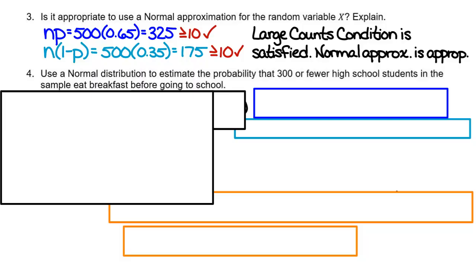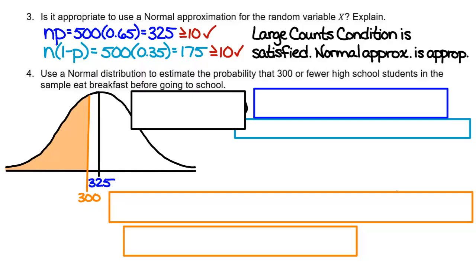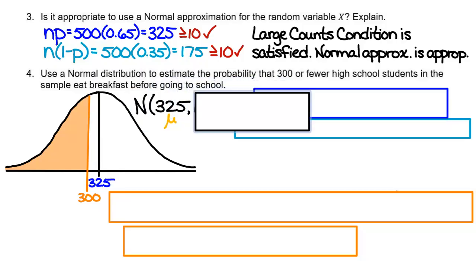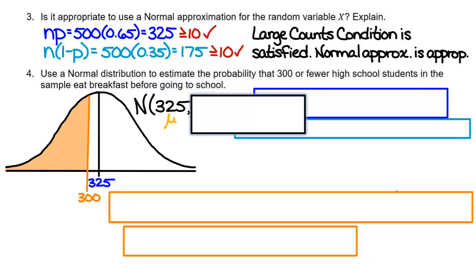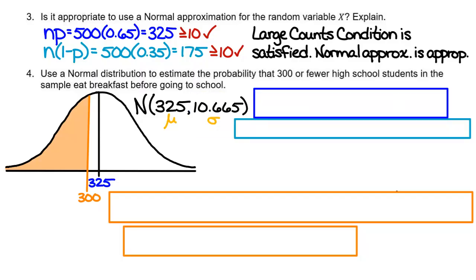Number 4, you need to have a picture. This would be the beginnings of my picture. 325, my mean, right down the center. We want less than or equal to 300, so I have 300 on here and I have it shaded to the left. What do I need next to the picture? N with the mean, which we already know is 325. What's the standard deviation here? 10.67, 10.665. I don't care where you round it necessarily.